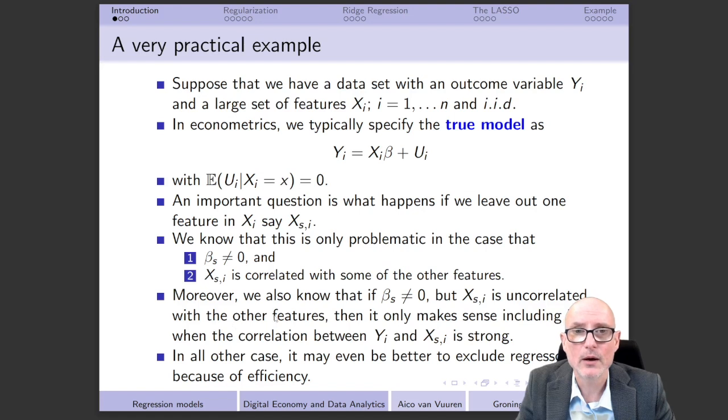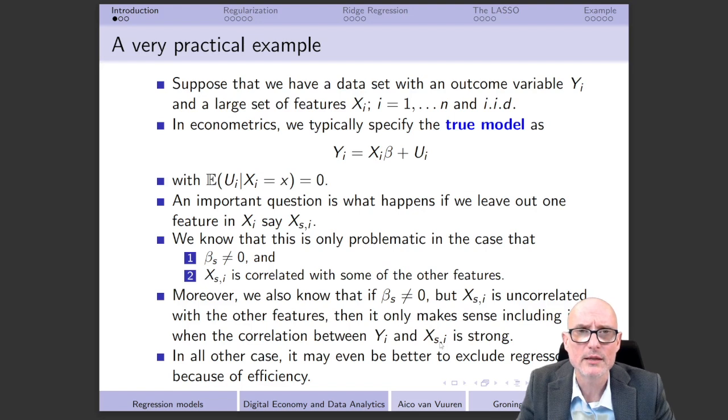And when this is not the case, so if beta_s is not equal to 0, and x_s is uncorrelated with any of the other x's, then it only makes sense to include the particular feature if the correlation between y_i and x_si is strong.